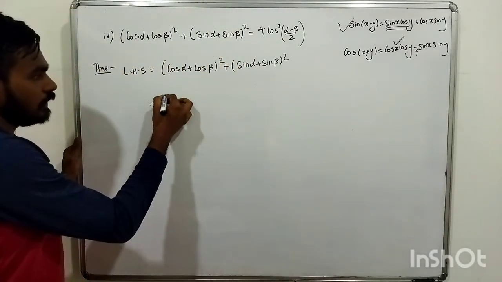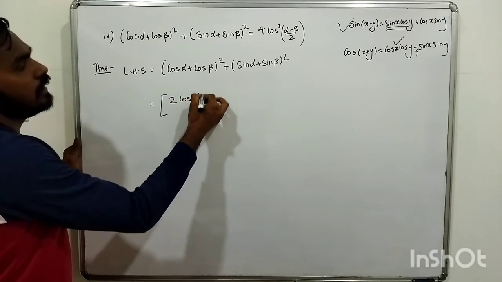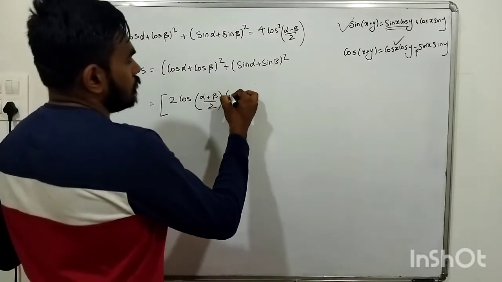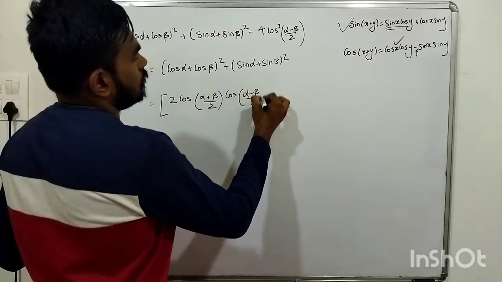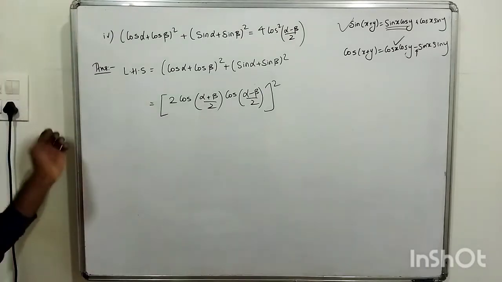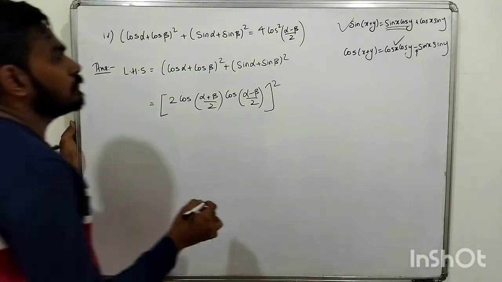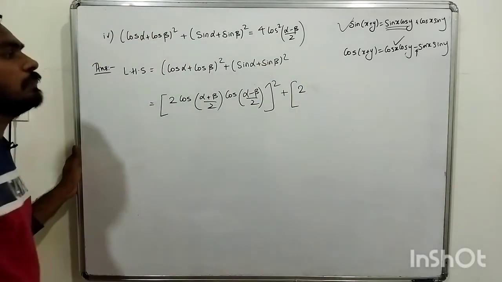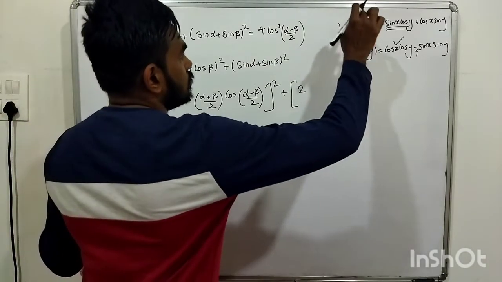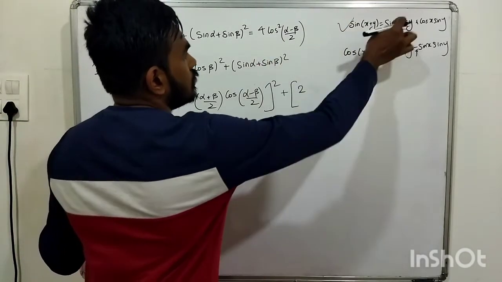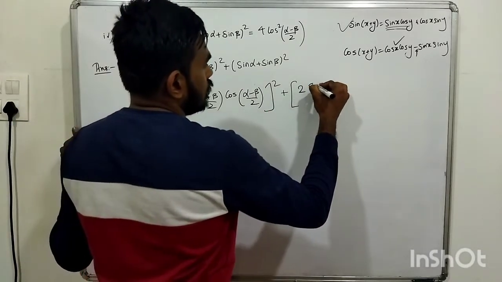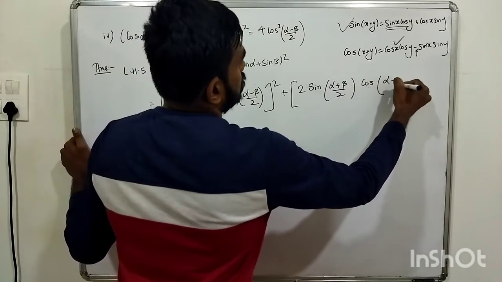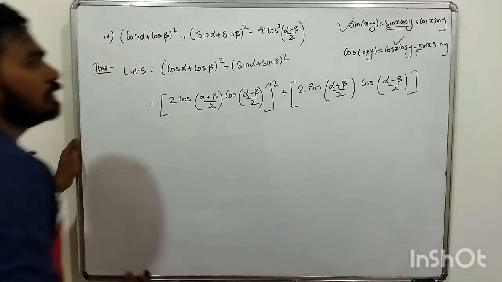So we get (2 cos (alpha plus beta) upon 2 into cos (alpha minus beta) upon 2) the whole square plus, now for sin alpha plus sin beta, since there is plus, you take this: (2 sin (alpha plus beta) upon 2 cos (alpha minus beta) upon 2) the whole square.